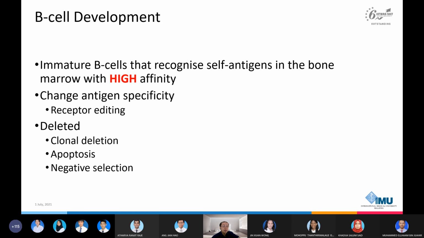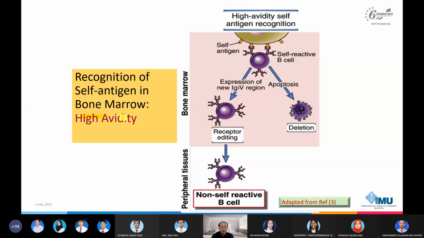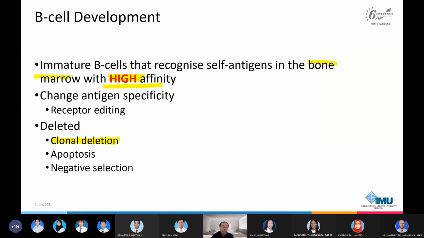For B cells, it's quite similar, just that it happens in the bone marrow. The major mechanism is clonal deletion. You also have clonal anergy. Quite interesting here: you have high affinity and high avidity, but the outcome is the same.